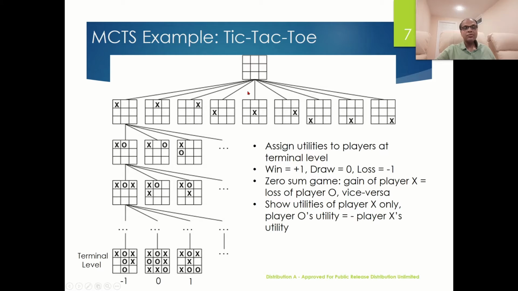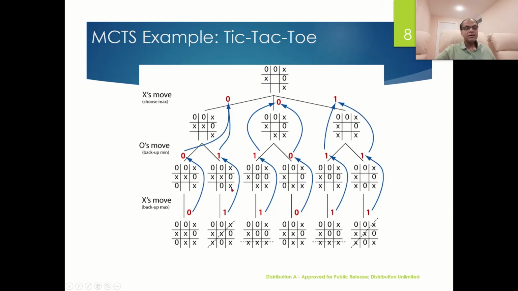So Monte Carlo tree search solves this by playing this game in simulation. It generates the game tree, and then at the bottommost level, it sees which of the game states are leading to a 0, draw, a win, +1, and so on. And then it percolates these values, or back propagates these values, towards the top.